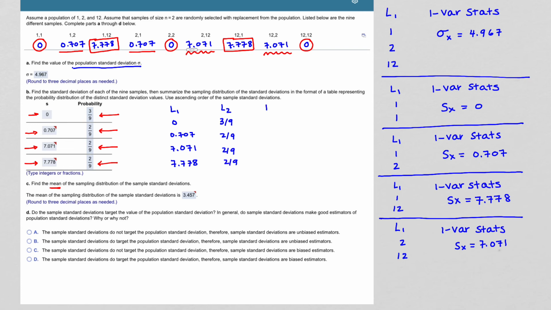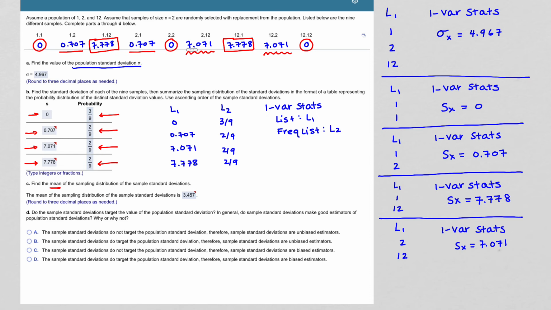So now I'm going to run one variable stats. But for my list, I am going to put in L1 as we normally do. And for frequency list, I'm going to put in L2.